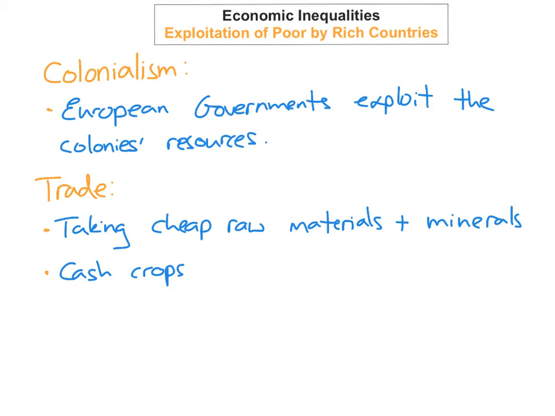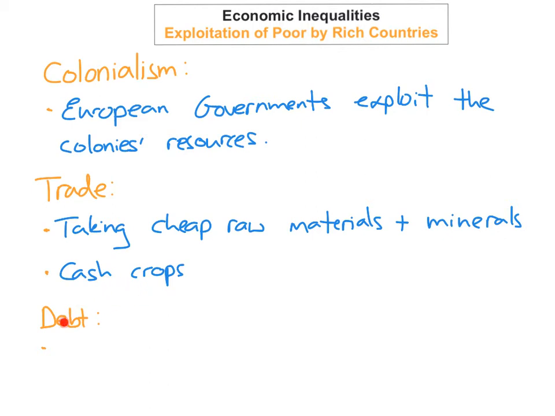The next way that rich countries are exploiting the poor countries is because of debt. This is a huge problem for many countries in the south, in the third world, because money is often spent on expensive and unnecessary projects such as getting arms and so on.